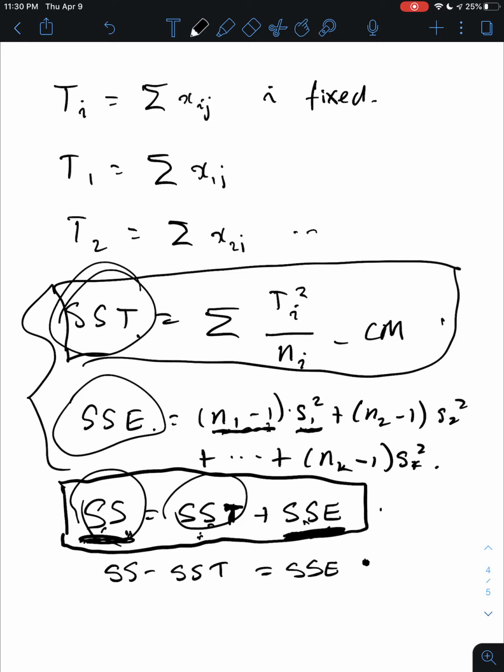Now, there's one other kind of basic concept that we need, and that is the DFs, degrees of freedom. So we talked about this in our chapter 10, when we were talking about small samples, the student T distribution. The same kind of general idea for ANOVA, but it's complicated by the fact that we have now multiple different treatments, different levels.